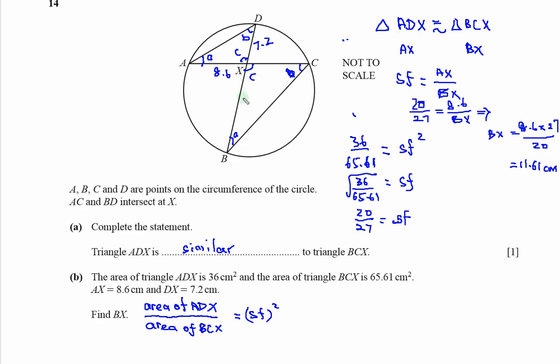If you want BX, which is the first and the third letter, then the other triangle has to be first and third, which is AX. Therefore you use AX, and then you establish the scale factor here. But remember, your scale factor squared is ADX over BCX. So the length from here divided by the length from here will give the scale factor.